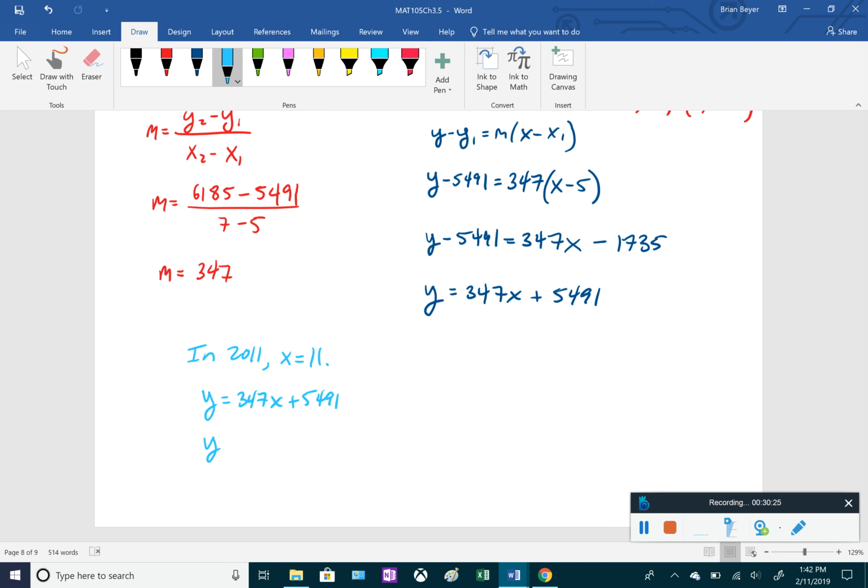So now we just have to plug in x equals 11. So that's going to be 347 times 11 plus 5,491. And that's going to give us $11,508. So based on our model, it says in the year 2011, the cost of tuition would be $11,508.